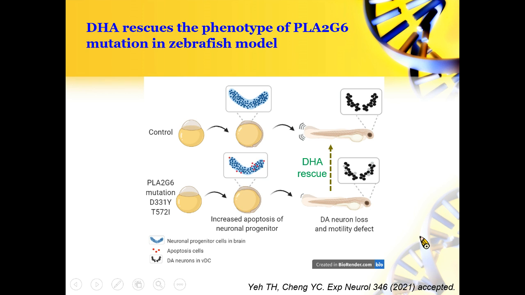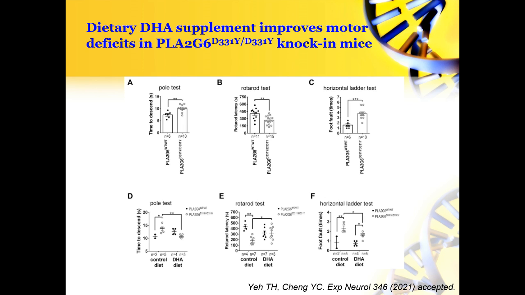In our study, supplement of DHA reduced the dopaminergic neuron loss and improved the motility defect in Parkin mutant zebrafish, indicating that DHA can rescue the phenotype of Parkin mutation in this zebrafish model. Furthermore, we assessed the effect of dietary DHA supplement in Parkin D331Y homozygous knock-in mice.